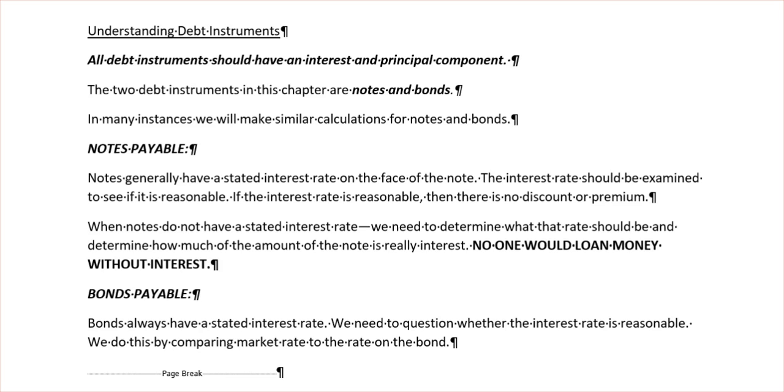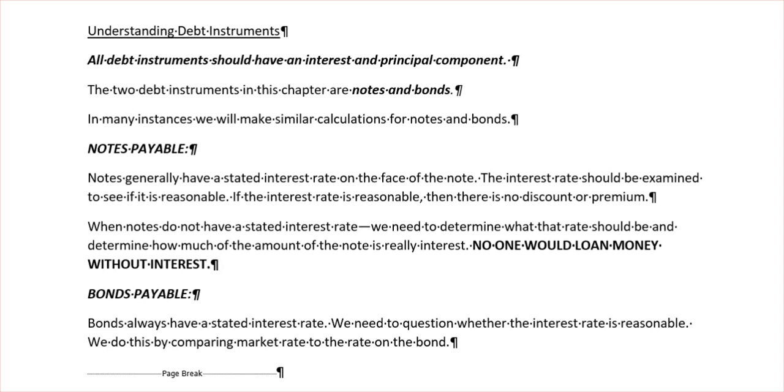And so what we're going to do when we start our next section is we are going to start with what we did in the past, and we are now going to do the journal entries. So the first bit was recognizing it, figuring out if we have a premium, if we have a discount, discussing what stated interest is and where it comes from, discussing the market and what happens when stated and market are different.